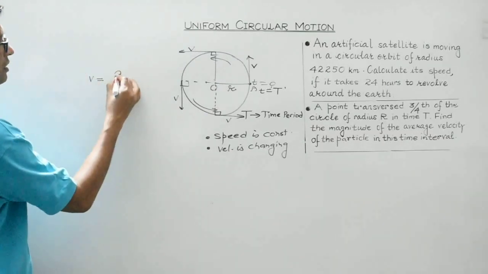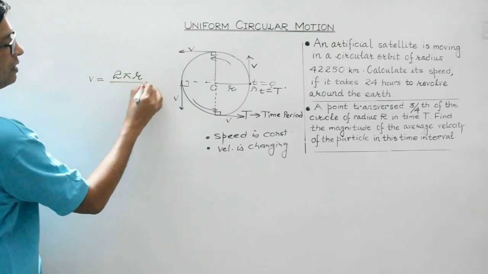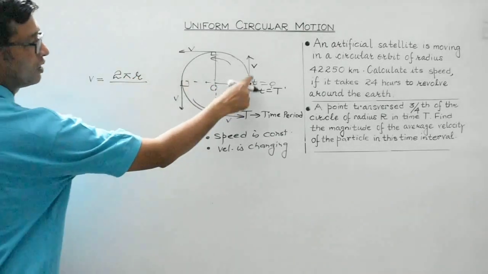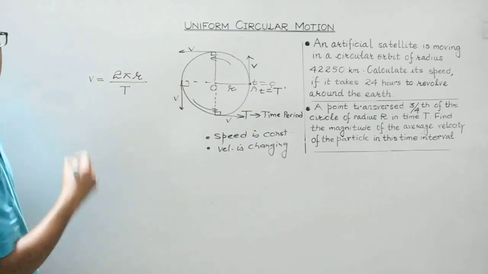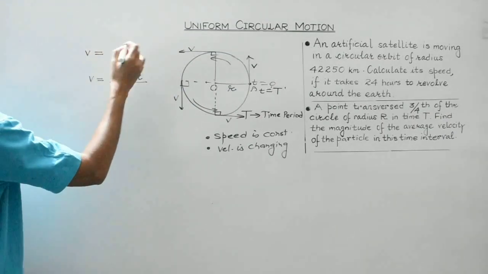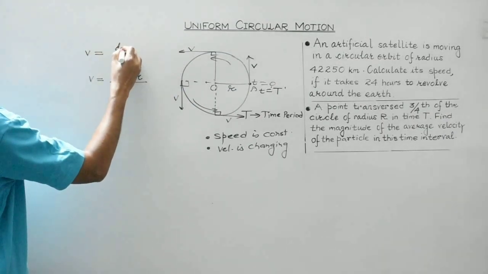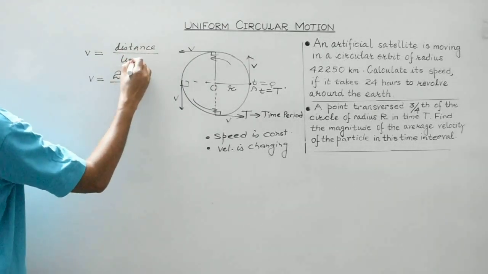So what will be the distance during one complete rotation? It is 2 pi r. And what is the time taken by the body to complete one rotation? It is capital T, which is the time period. So I've used this formula: average speed is equal to total distance divided by total time.